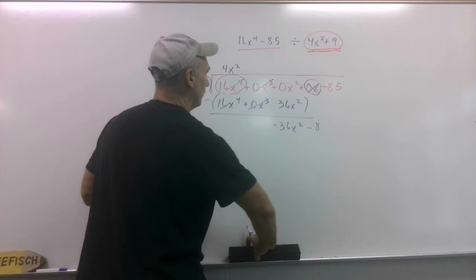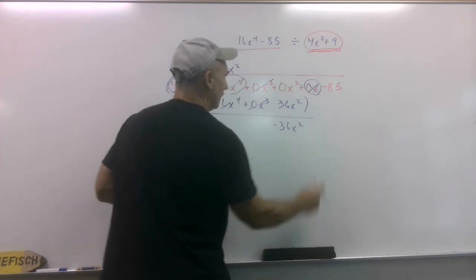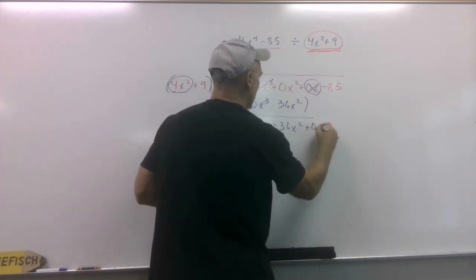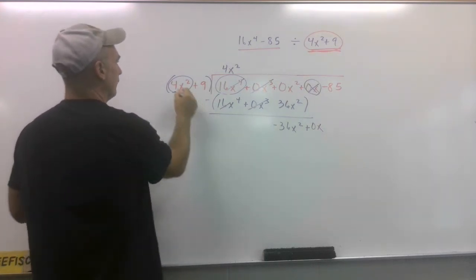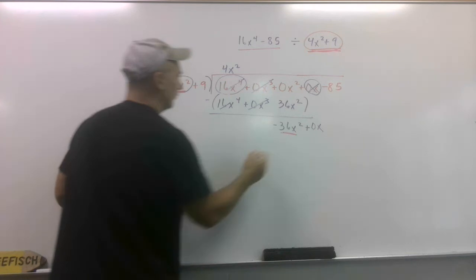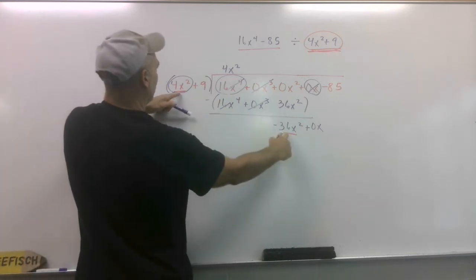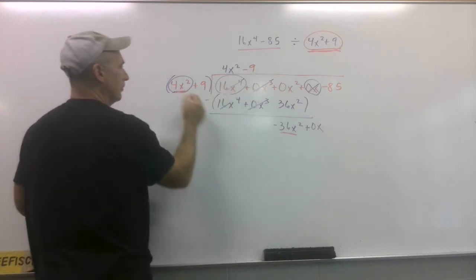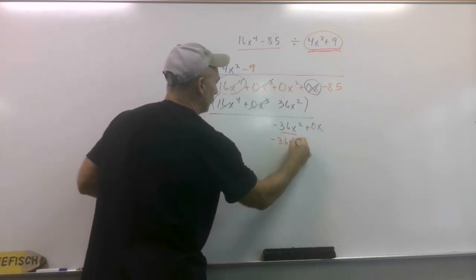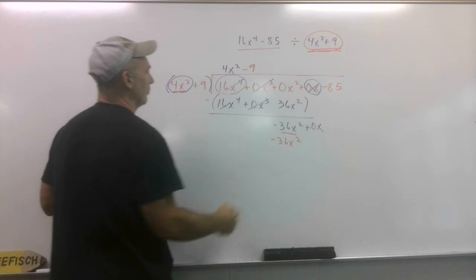Actually, let's hold off on that. Let's bring that down, 0x, and let's see what happens. First term, first term. What times this is this? It'd be negative 9. Now watch what happens. Negative 9 times this would be negative 36x squared. Those first two terms should always match.